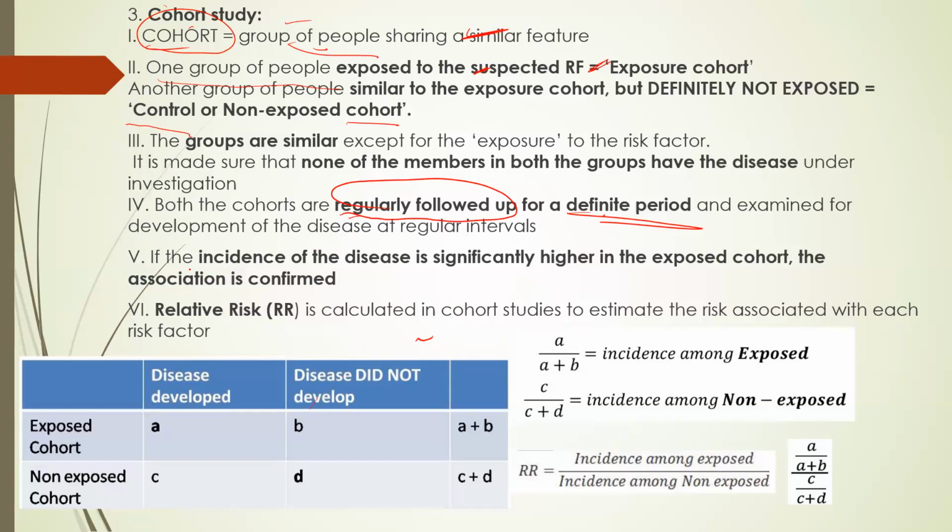Okay, so coming back to the subject again. So remember, after regularly following up both the cohorts for a significant period, the incidence of the disease is studied. Now, if the incidence of the disease is significantly higher in the exposure cohort, that means there is a positive association between the risk factor and the disease.